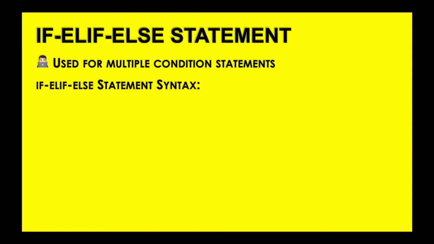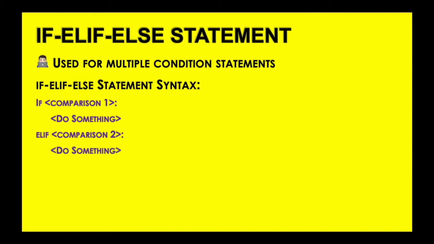For the syntax, we have here: if, then the first comparison, using comparison operators. If this is satisfied, then do something. Then if that is not satisfied, there is another condition, elif condition 2, then do something.